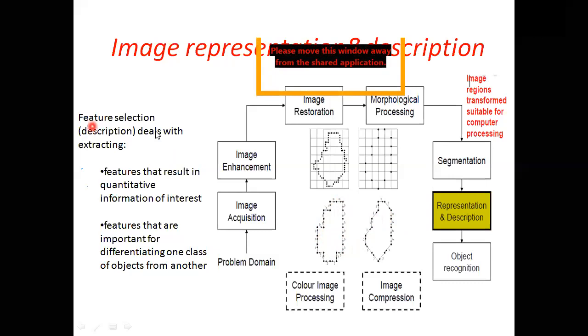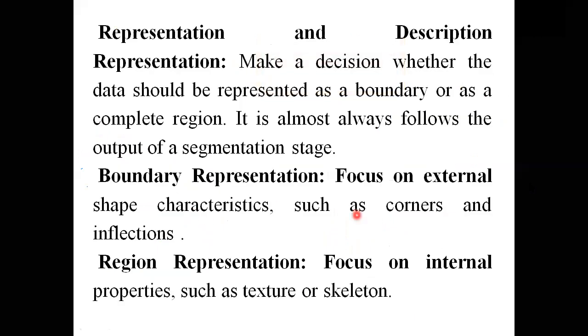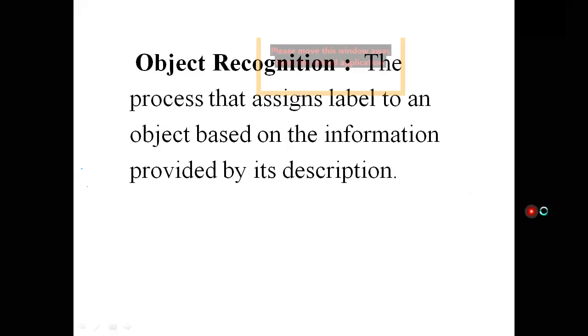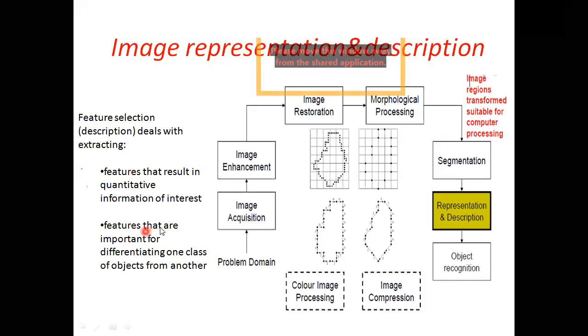Here, feature selection deals with extracting, whether the boundary or the region. Features that result in quantitative information of interest, so we know the quantitative information about the object. Features that are important for differentiating one class of objects from another.